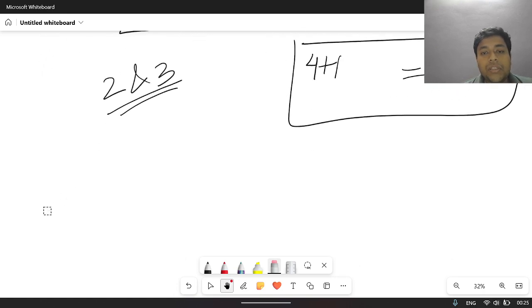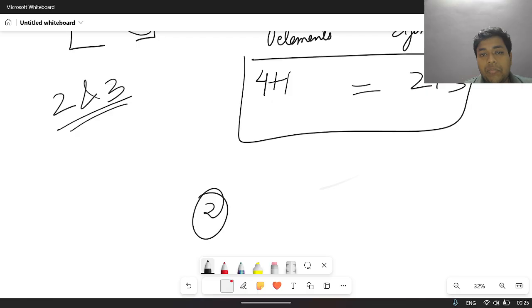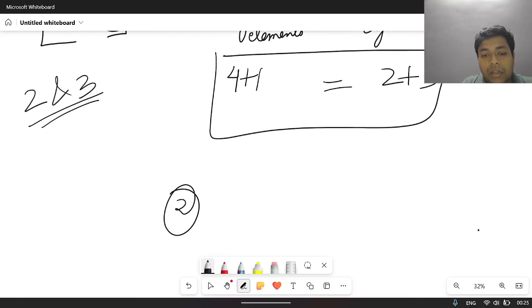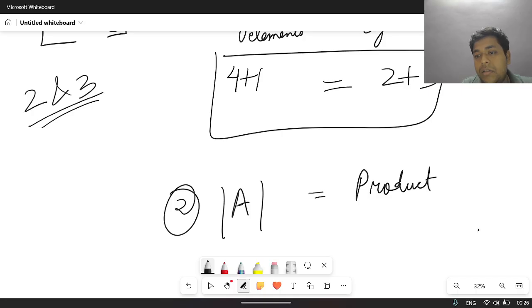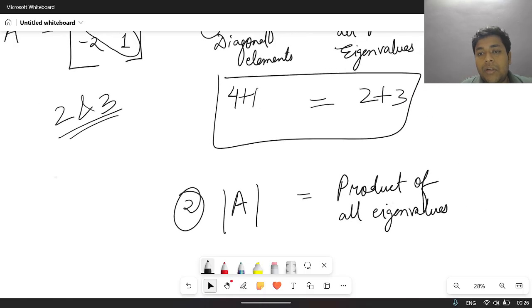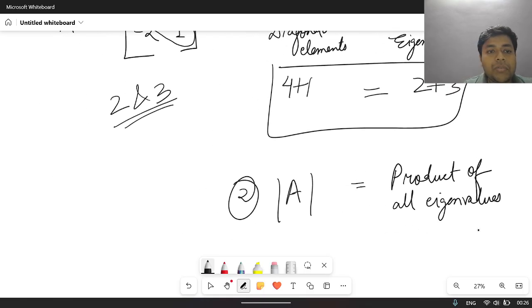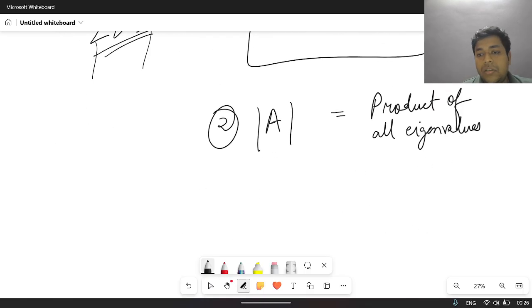Now, what is the second property? The second property is that the determinant of the matrix equals the product of all eigenvalues. Now, what is the product of eigenvalues? What are the values? 2 and 3. So this is 2 and 3. It must be 6.